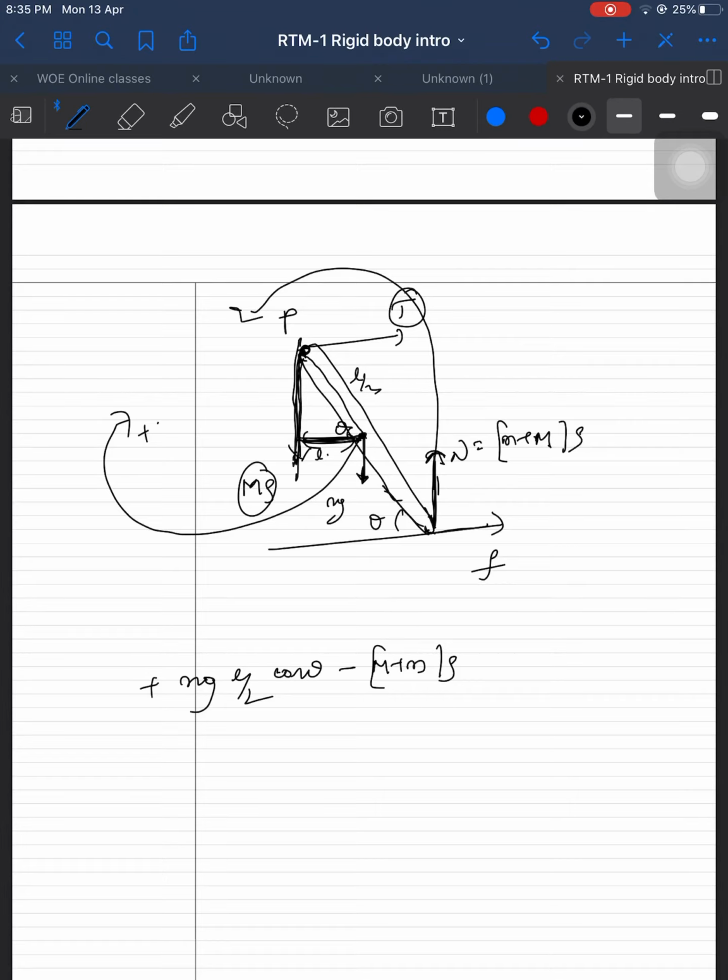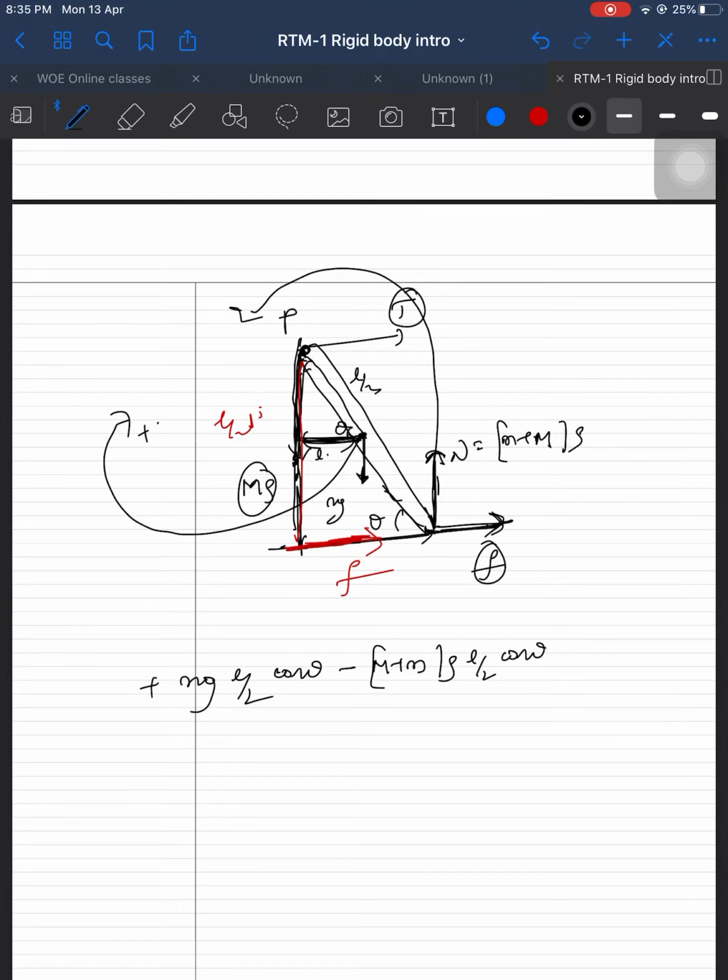The distance is L by 2 cos theta. And the friction is in the backward direction. I am writing the friction here. Force is a vector, so I can write f anywhere, and here the distance is L by 2 sin theta.